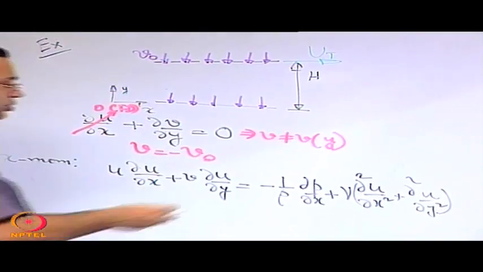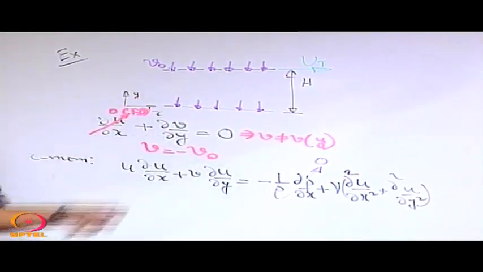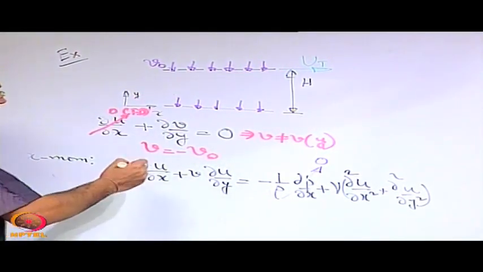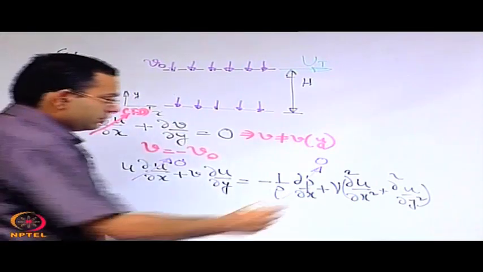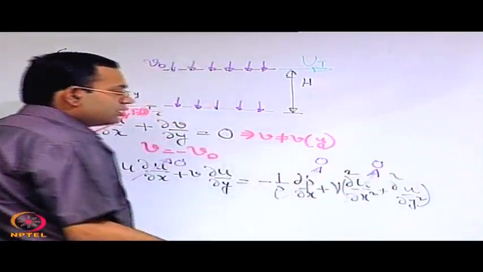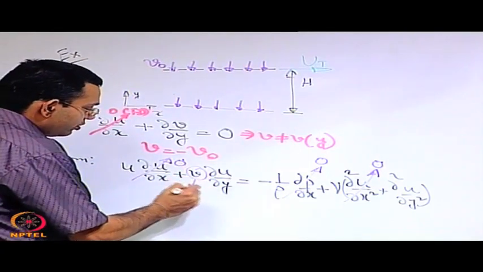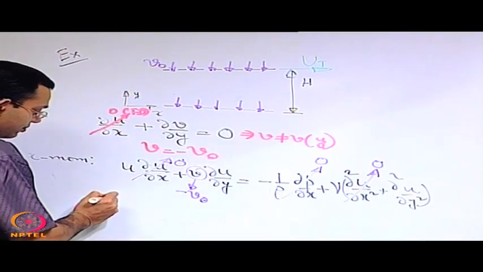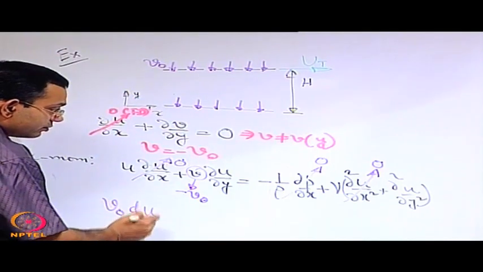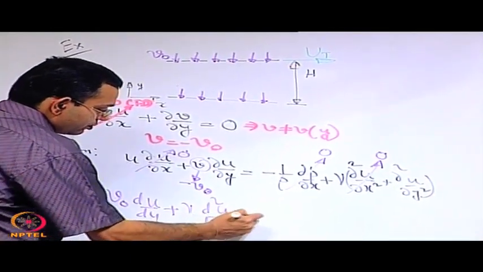First of all, we are assuming that no pressure gradient is acting on this. Pressure at the inlet and the exit are the same. It is fully developed flow, so the derivatives of u and the higher order derivatives all with respect to x vanish. So u is a function of y only. V becomes equal to minus V0. So the governing equation that you get is V0 du/dy plus nu d2u/dy2 equal to 0.